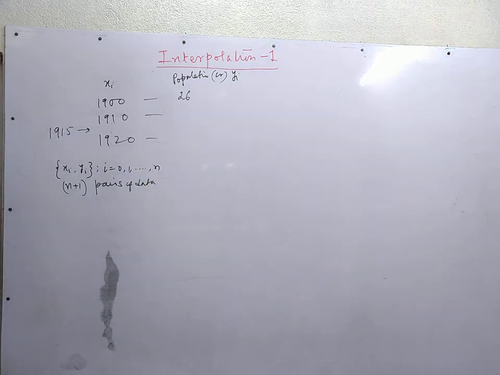Our aim is to find out the value of y at a value of x for which x is not any one of the supplied ones. That is, we are not interested in the value of y at 1910 because the exact data is already available.